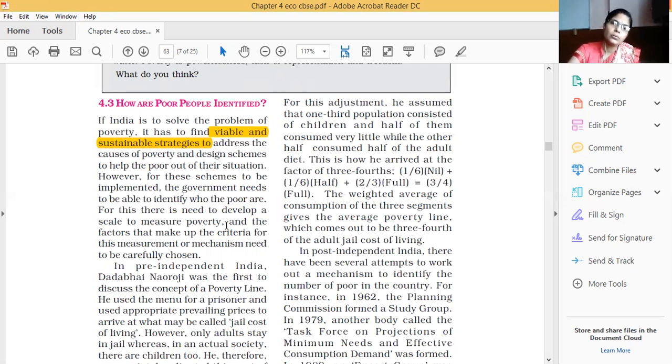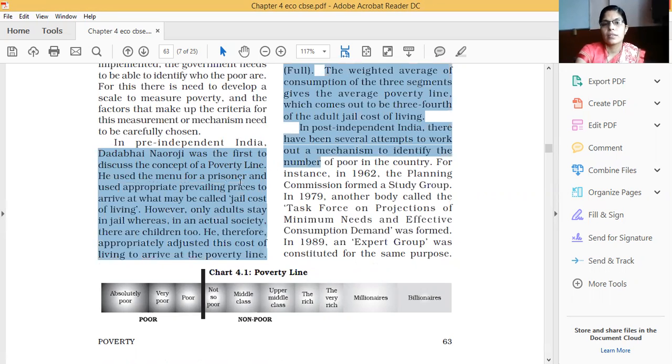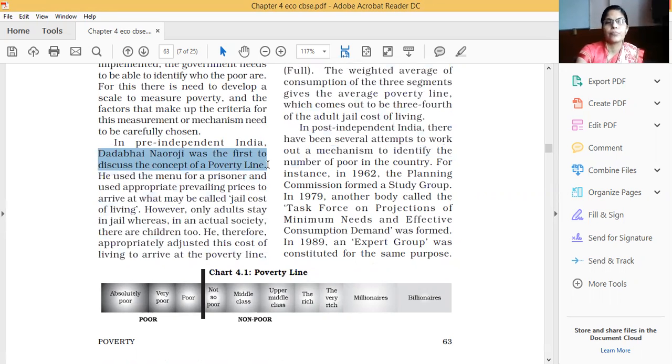Okay, so in pre-independent India, Dadabhai Naoroji was the first to discuss the concept of the poverty line. Who first discussed the concept of the poverty line in India? You can write this answer: Dadabhai Naoroji, in pre-independent India.